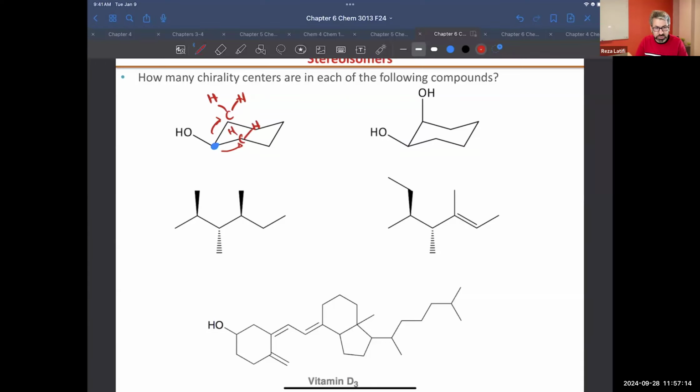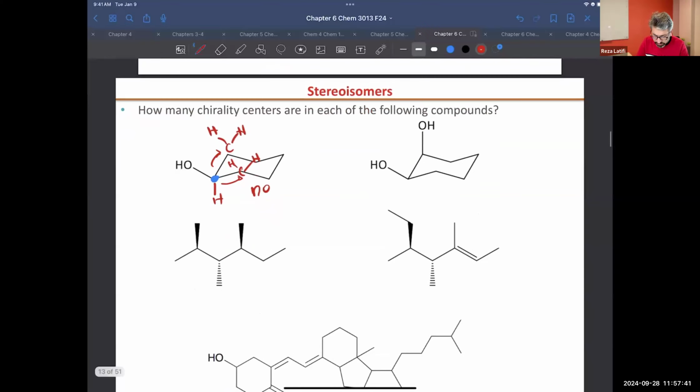So those two substituents are identical. The fourth one is hydrogen. If I keep continuing, I will get exactly the same substituent on both sides. So this is not chiral, there is no stereocenter.